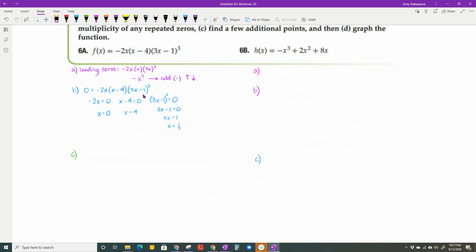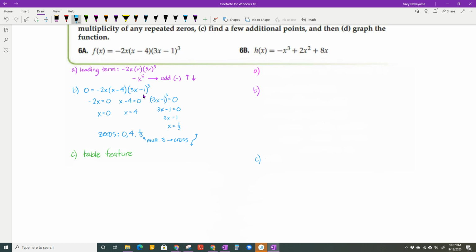So the zeros that I have are 0, 4, and 1/3. Now, 1/3 has a multiplicity of 3, so when it crosses the graph, it's actually going to look kind of cubic. It's going to flatten out a little bit instead of just a line going straight across.